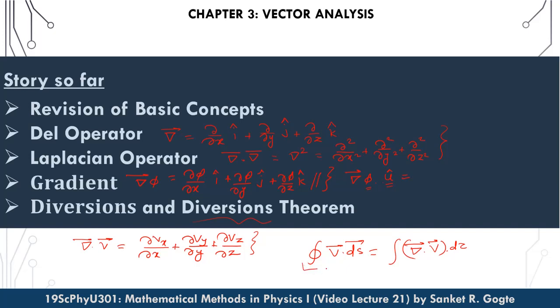Now it should be noted that this left hand side is a surface integration and therefore is a double integration, whereas this right hand side is an integration over a volume and therefore it is a triple integration.